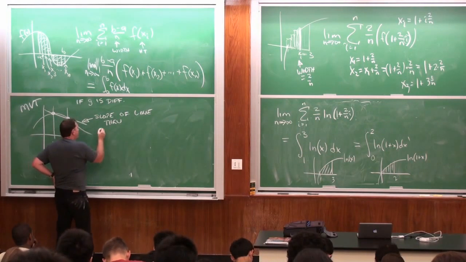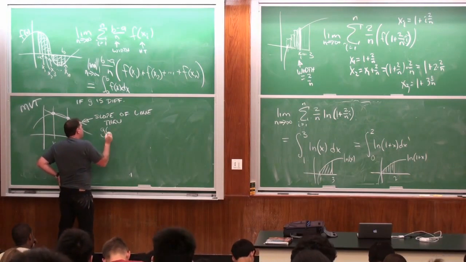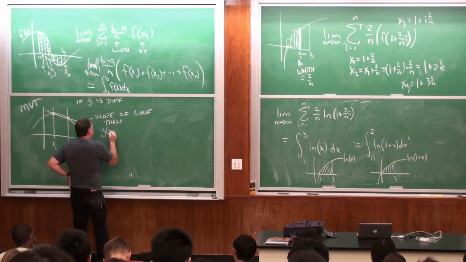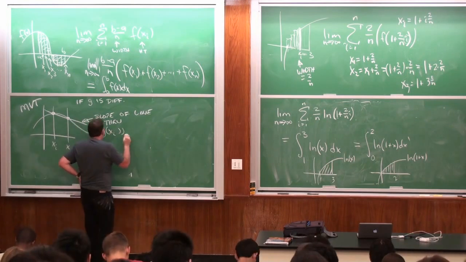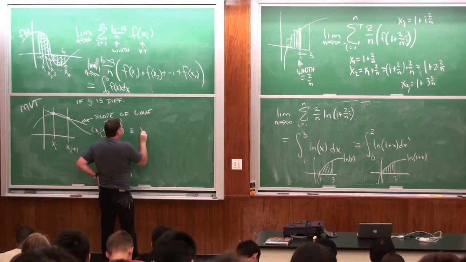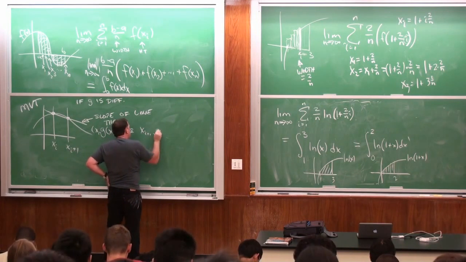the slope of the line through g of xi, so xi, g of xi, and the next guy.